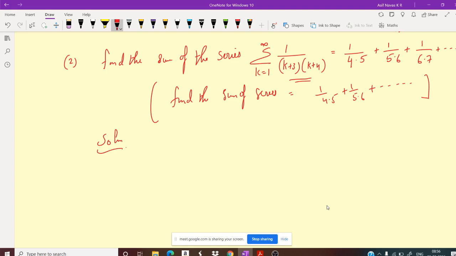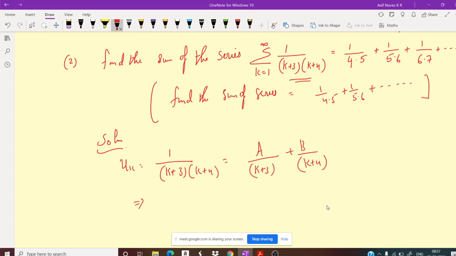Okay, so now solution. So what is the step? So we know that this is a telescopic series. So first step is we want to convert it in the sequence of partial sums. Here uk is equal to 1 by k plus 3 into k plus 4. This you can write as a by k plus 3 plus b by k plus 4.